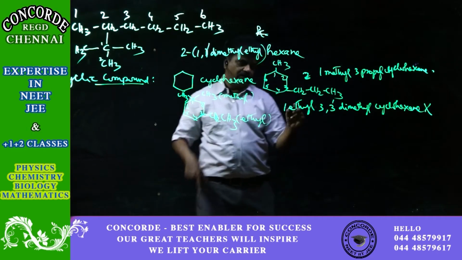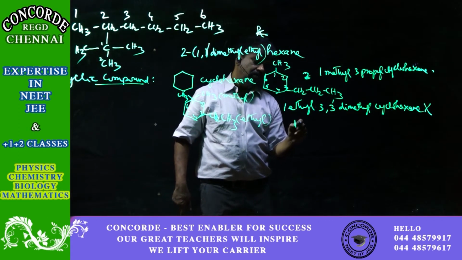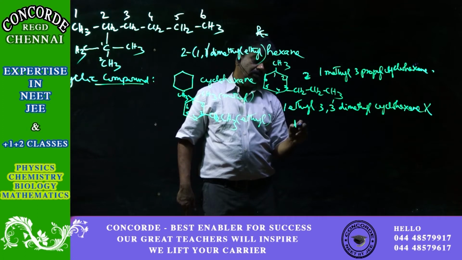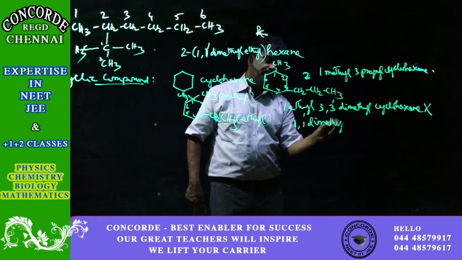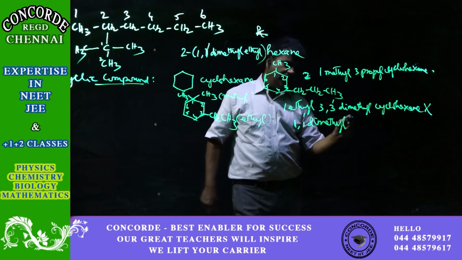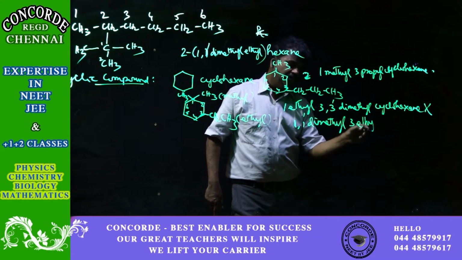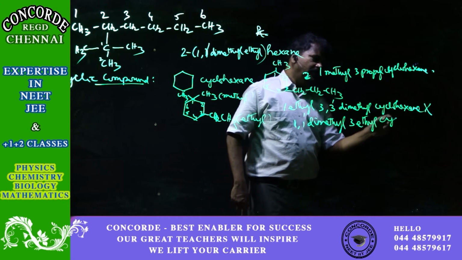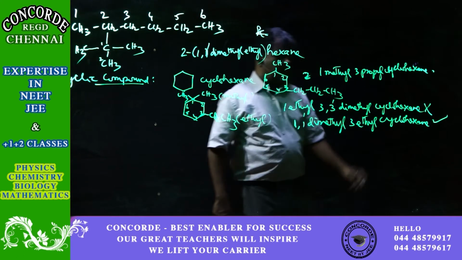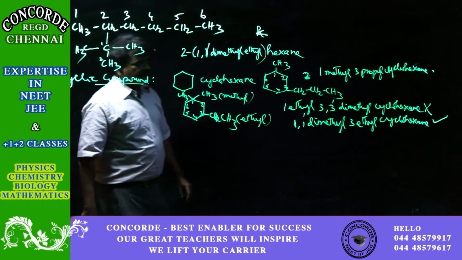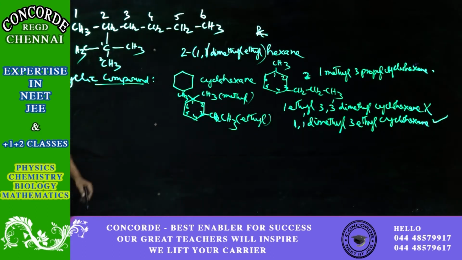So this is 1 dimethyl, 3 ethyl cyclohexane. This is the right way of putting.